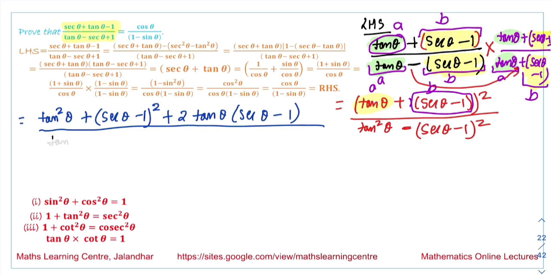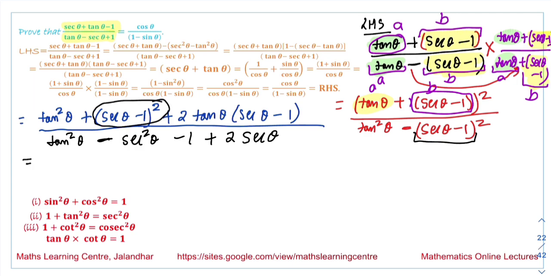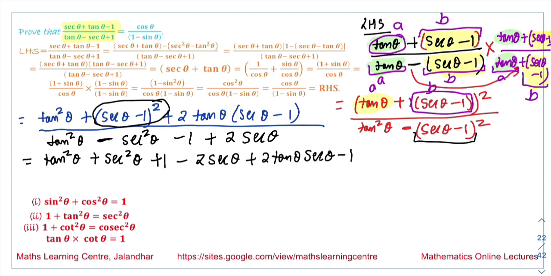In the denominator it is tan square theta with a minus sign, and what we are left with is A minus B whole square, so it is secant square theta minus 1 plus 2 times secant theta. Now when we open this whole square, we get tan square theta plus secant square theta plus 1 minus 2 secant theta plus 2 tan theta into secant theta minus 1 over.